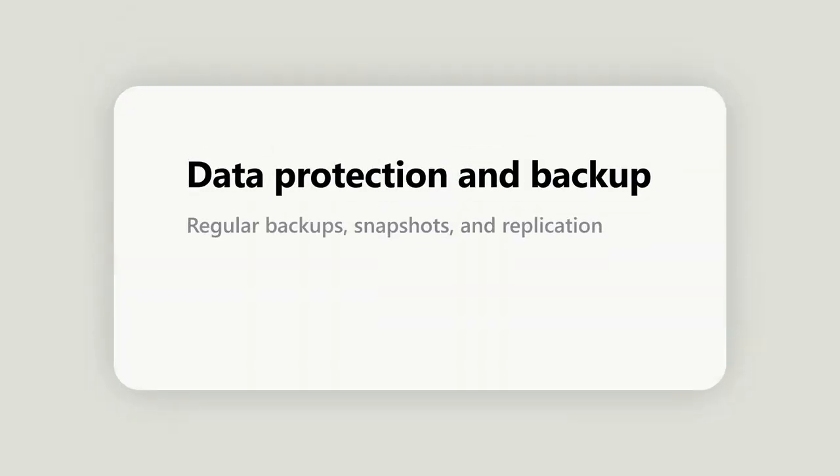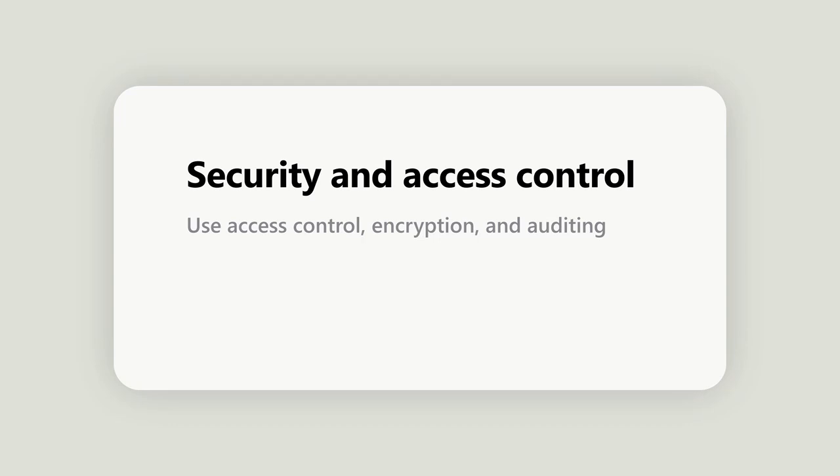When it comes to data protection and backups, there are some key strategies. These include regular backups, snapshots, and replication to safeguard your organization's critical data against potential data loss or corruption scenarios. You also need to consider security and access control. To protect data from unauthorized access, modification, or theft, organizations should implement suitable security measures like access controls, encryption, and auditing.